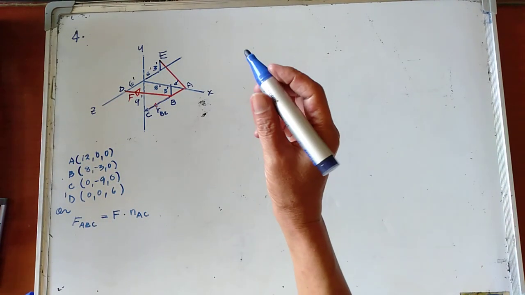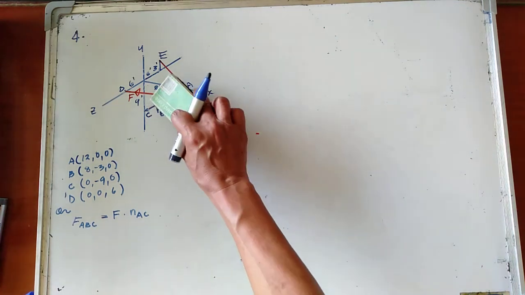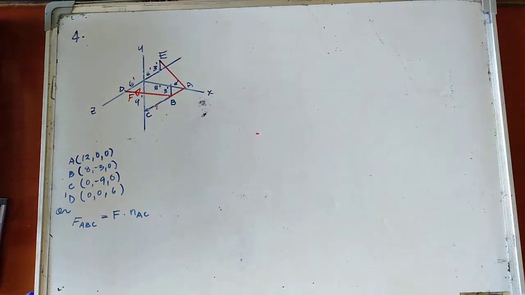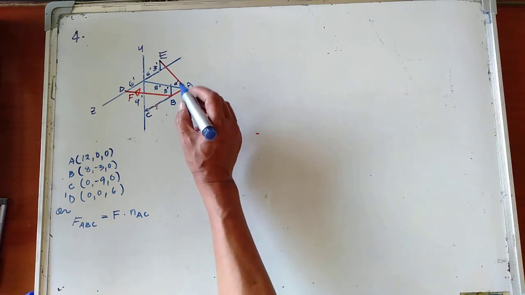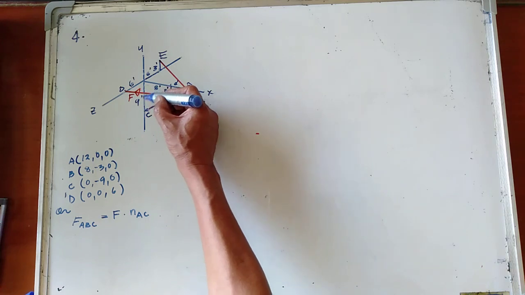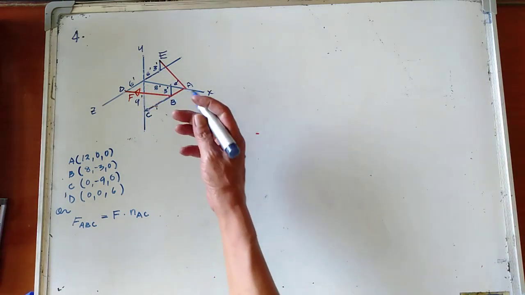Or we can solve this one by introducing another position vector, because we are required to determine the component of this vector F in the direction ABC.